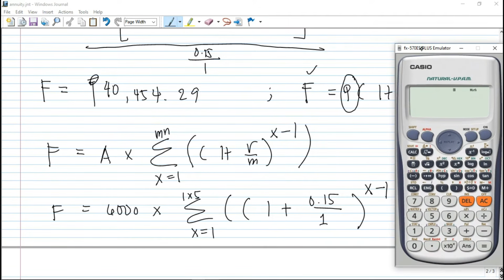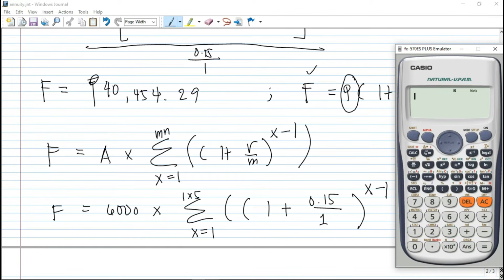Okay, here in our calculator, let's input this Caltech. So 6,000, okay, times, you have here summation, so shift log, so that is summation. Let's put two parentheses here. Now, let's put here 1. It is always 1, guys, okay? Because this is ordinary. We are always paying at the start, the first year. So, we have here Mn, so 1 times 5.